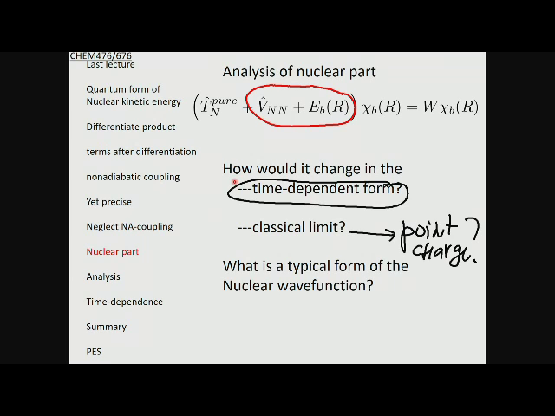Next step, do we want to solve this Schrödinger equation for nuclear degrees of freedom all the time? We do not. Why? Costly. It's costly, but we should look good in the eyes of reviewers and give some more respectful background.